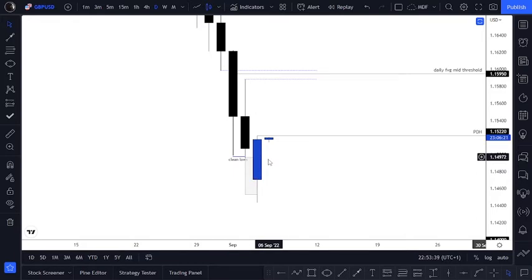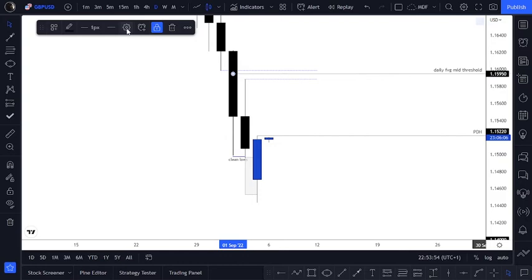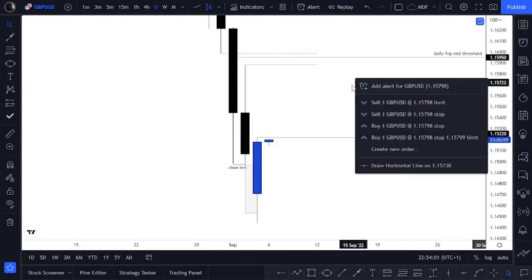Can I have price coming down to set the low of the day, then I want to see price trading into this region. I would be looking to take my profit around this region here, which is around 1.15950.